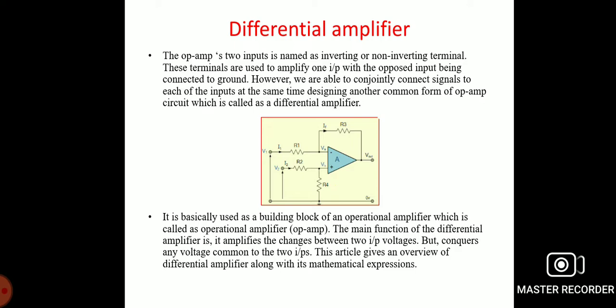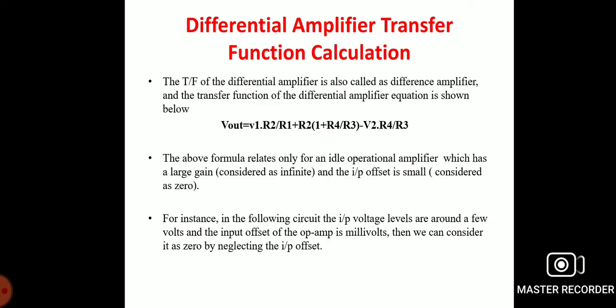This article gives an overview of the differential amplifier along with the mathematical expressions. Now we can move to the differential amplifier transfer function calculations. The transfer function of the differential amplifier is given by the following equation.